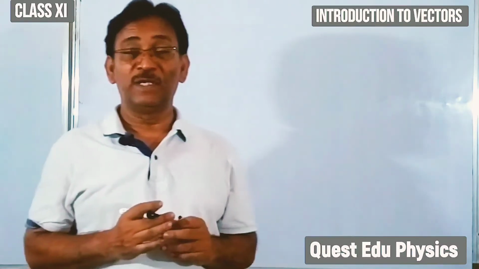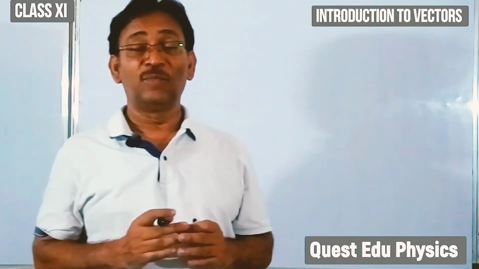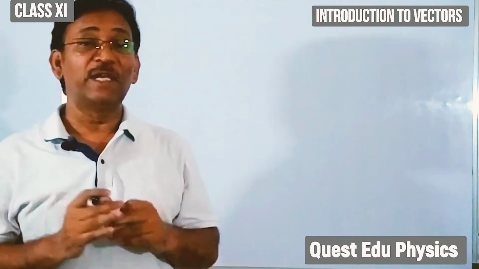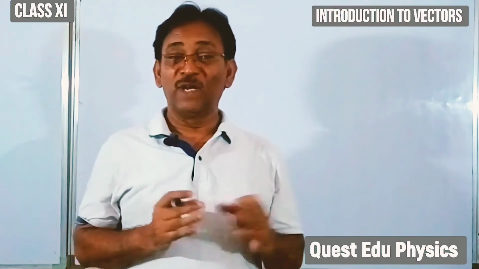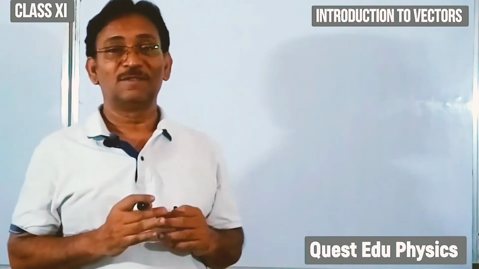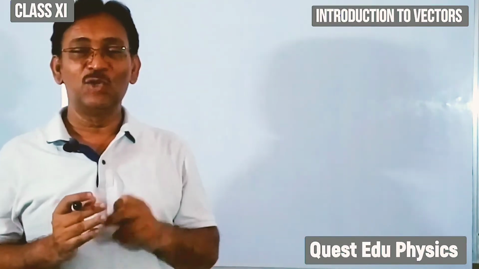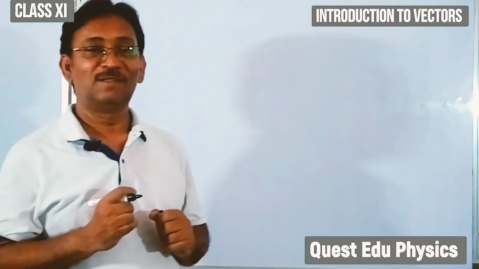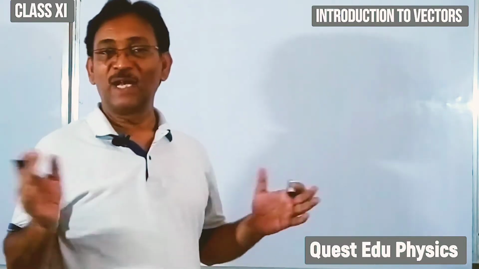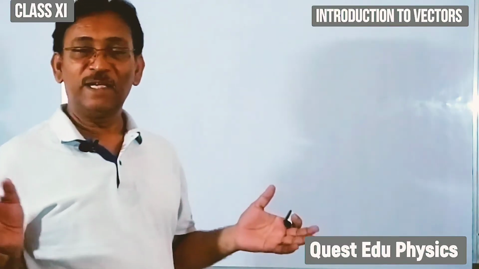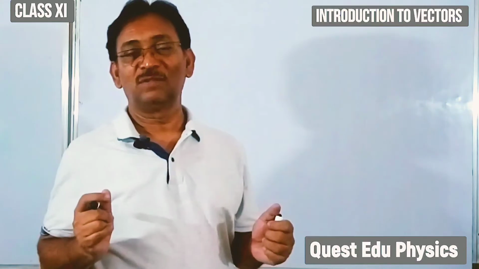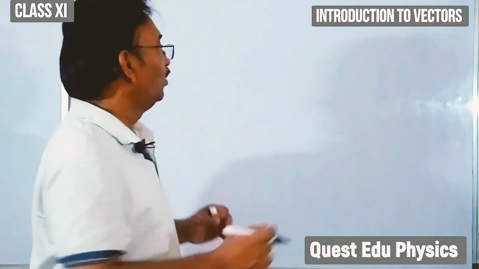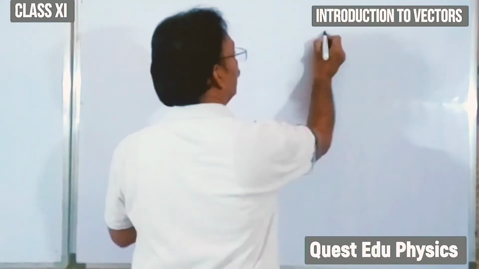If we see these physical quantities in a broader view, we can classify them into three types: ratios, scalars, and vectors. First we go with the ratio.